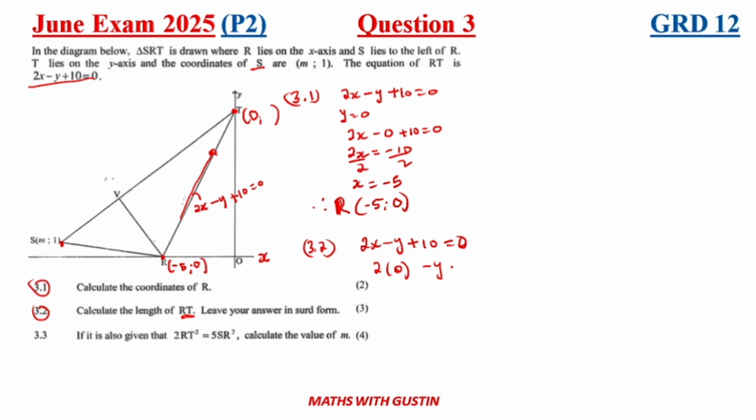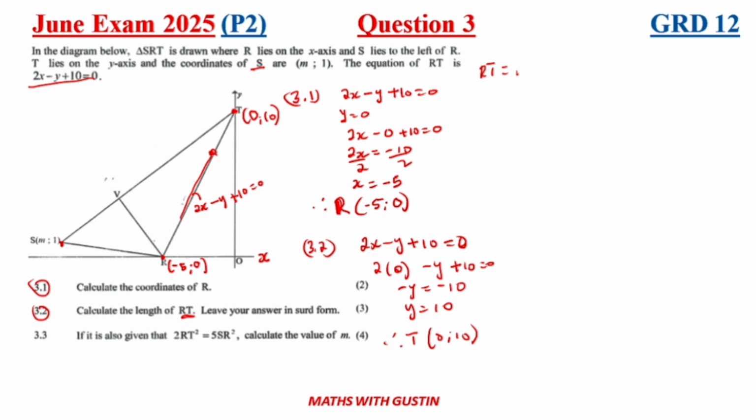Minus y plus 10 is equal to 0. Then you take the 10 to the other side, negative 10. So y is equal to 10. Therefore the coordinates of T will be 0, 10. So with that, it's going to be easy for us to find RT.